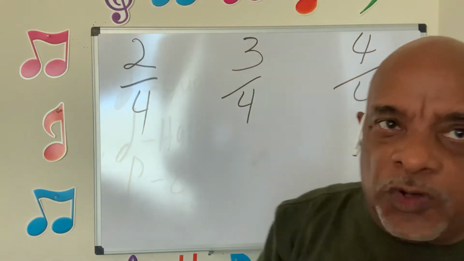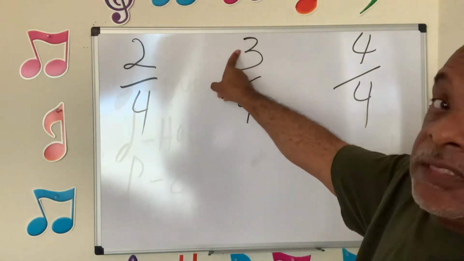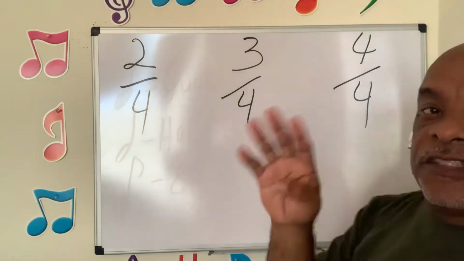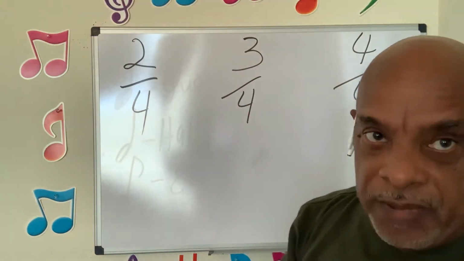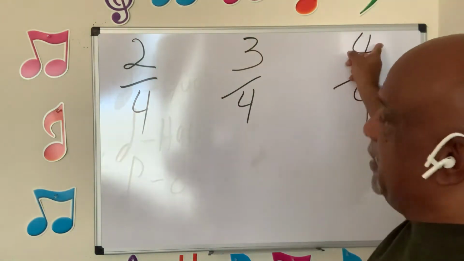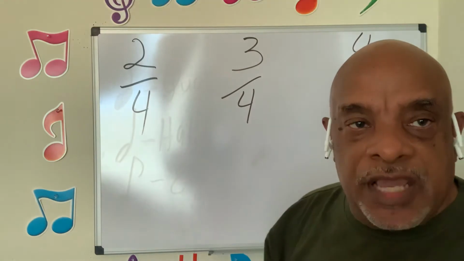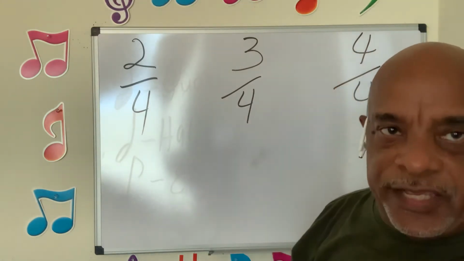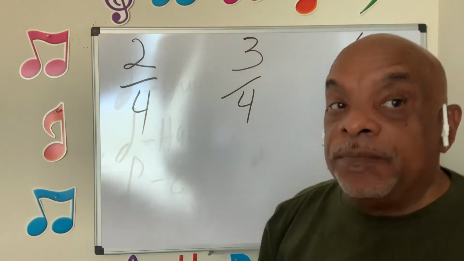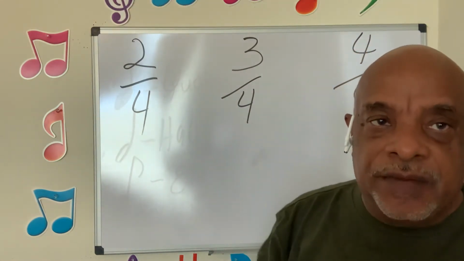If we're in 2/4 time, there are 2 beats in a measure. In 3/4 time, there are 3 beats in a measure. And in 4/4 time, there are 4 beats to a measure. The top number means how many beats there are in a measure.